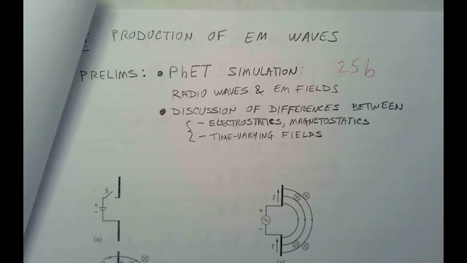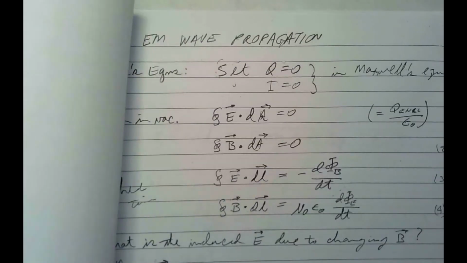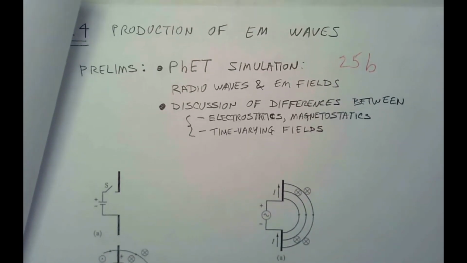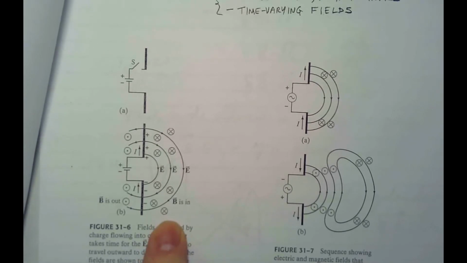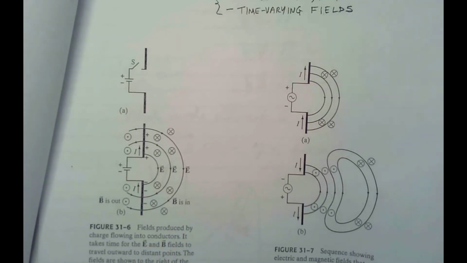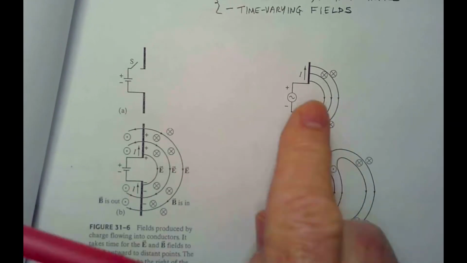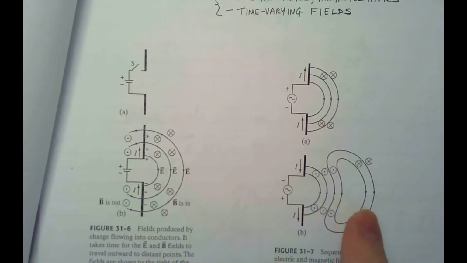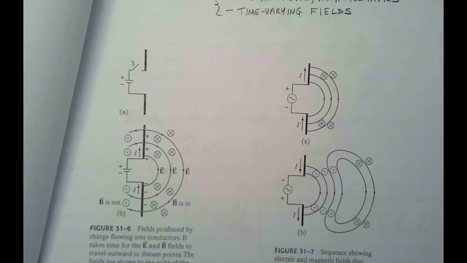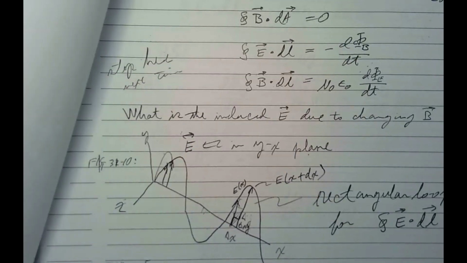I'm going to tell you how you launch a radio wave and why this picture here, which might look kind of mysterious, really shouldn't be that mysterious to you. I'll tell you how electrostatics and time-varying fields change this picture into this picture, where you get a bubble of a radio wave coming out that way.